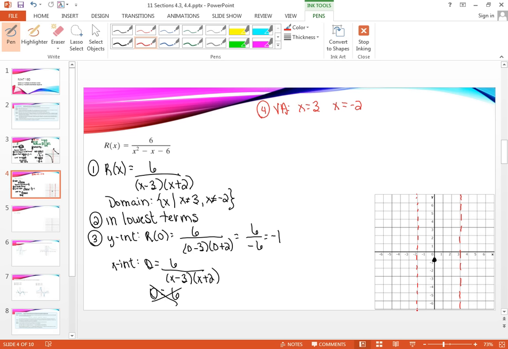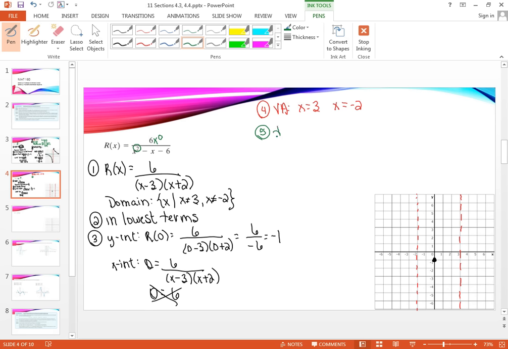Okay. So step 5. This is where you're doing the horizontal or oblique asymptotes. So you go back over to your function and you look at the degree of the numerator and the degree of the denominator. The degree of the denominator is 2. The degree of the numerator, 0.